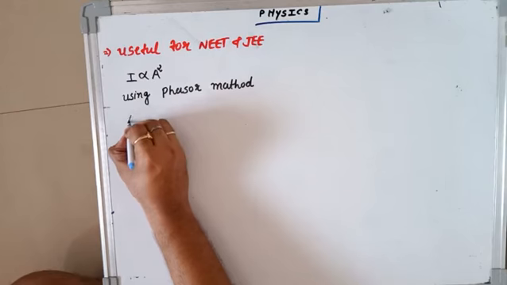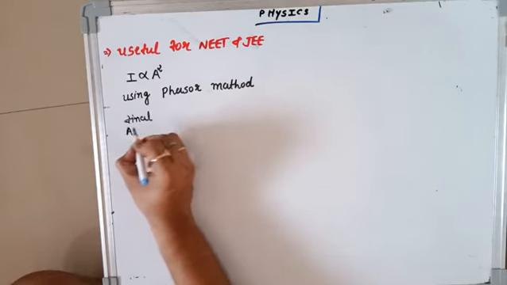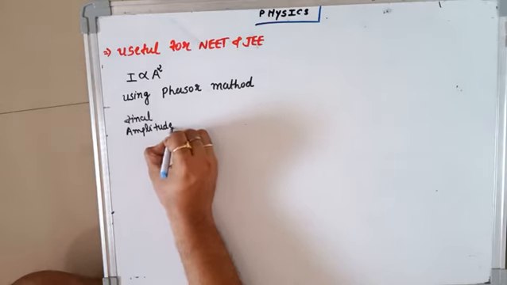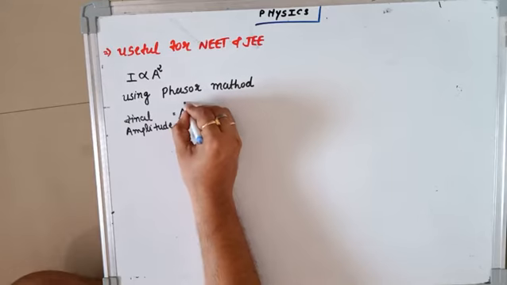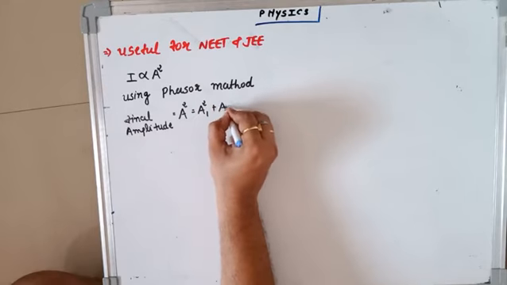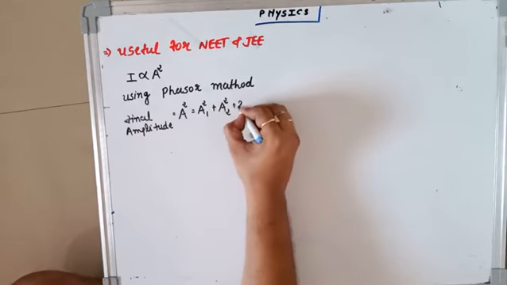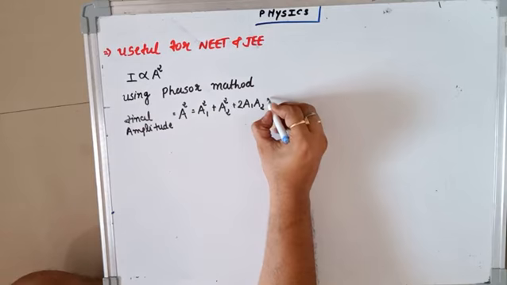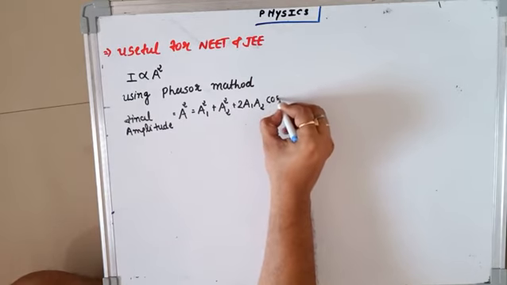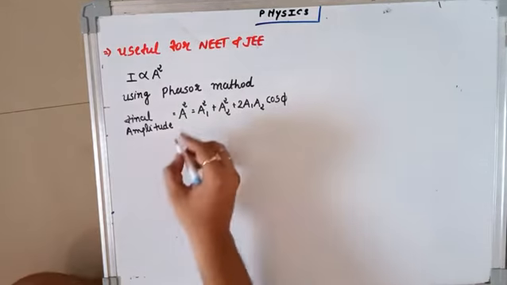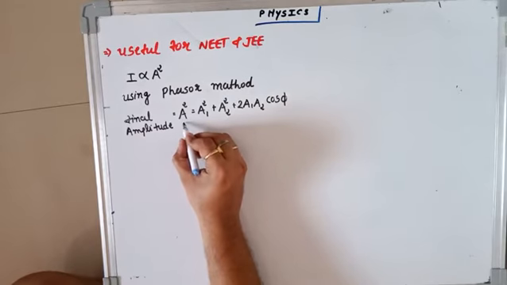We know this equation for the final resultant amplitude: A square is equal to A1 square plus A2 square plus 2 A1 A2 cos phi. This is the final amplitude of the interference.